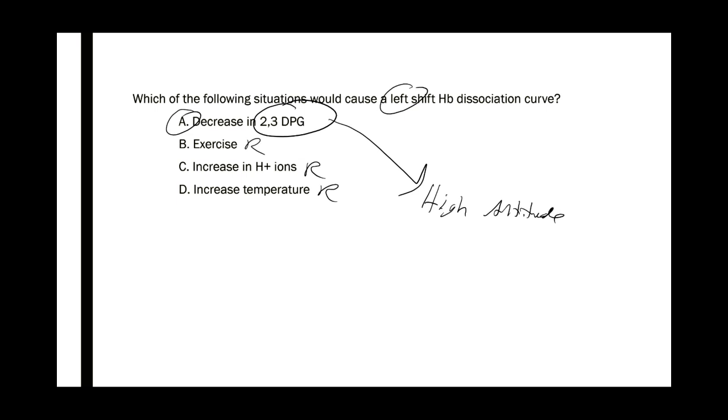I forget how many days it takes to kick in, but people that live for a long time at high altitude have much higher levels of 2,3-DPG, and that's why they eventually get a right-shifted hemoglobin curve. Hope I'm saying that right.